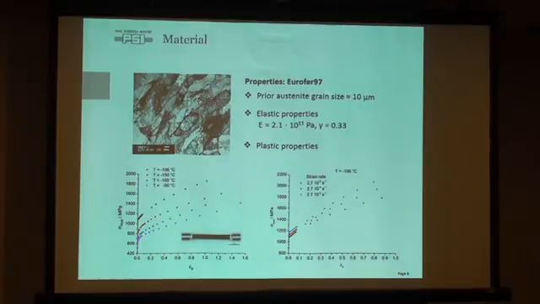The investigated material is Eurofer 97. It's supposed to be used in a future fusion reactor as a structural material and consists of a martensitic structure. The prior austenite grain size is in the range of about 10 micron.